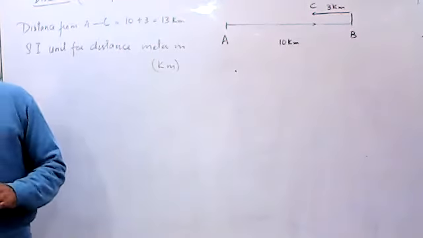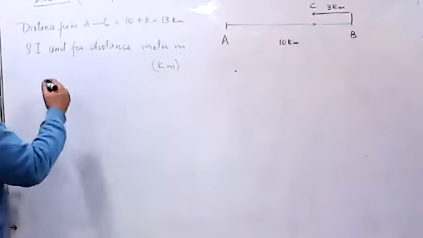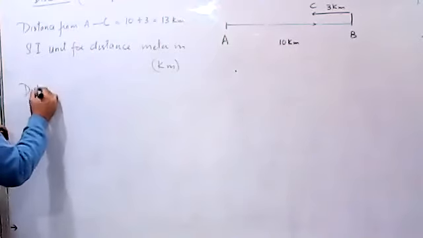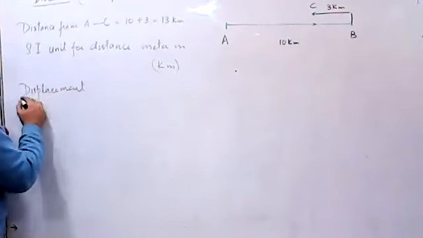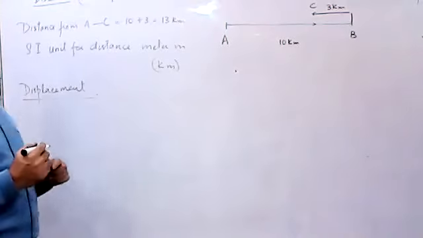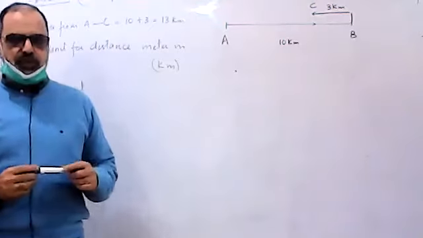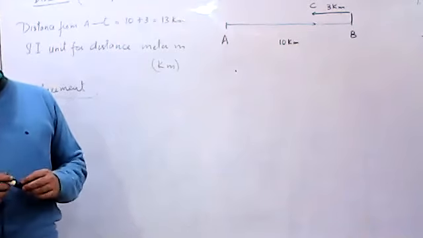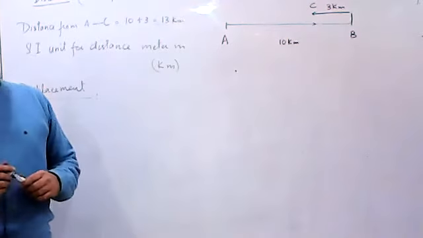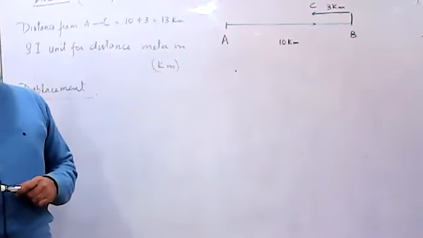Another quantity that we'll be discussing here will be displacement. Displacement is defined as the shortest distance between the 2 points. It is the shortest distance or the distance traveled in a particular direction.